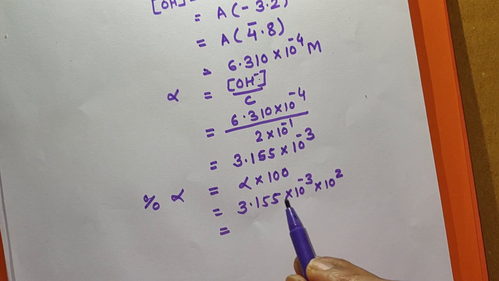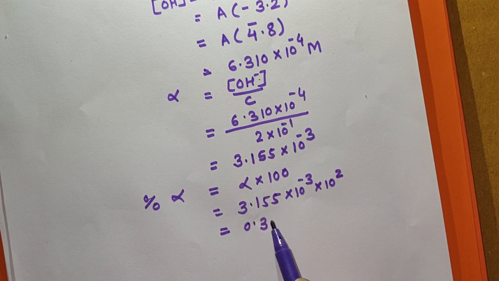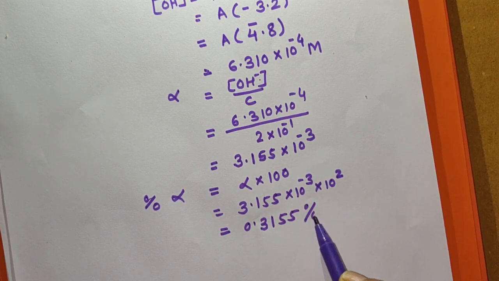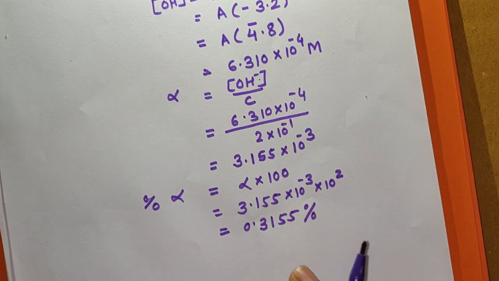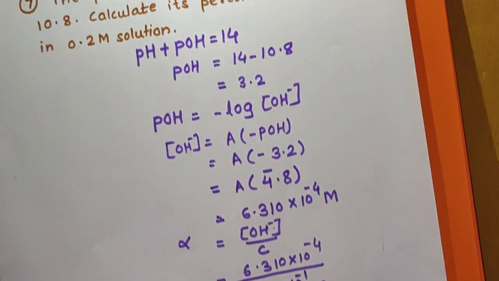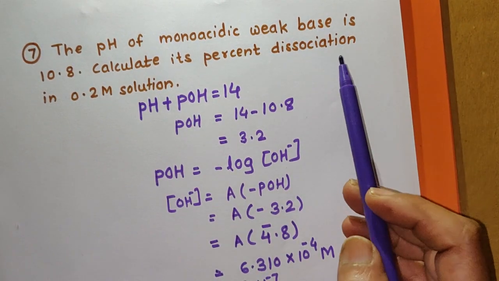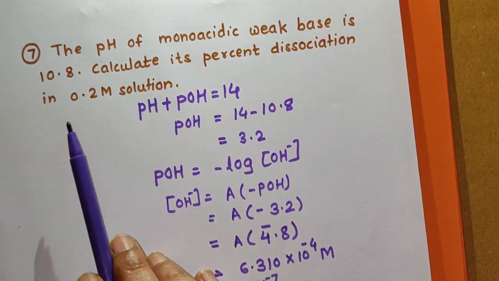That is equal to 3.155 into 10 raised to minus 1, or you can write it is 0.3155%. So percentage dissociation for this solution is 0.3155%.